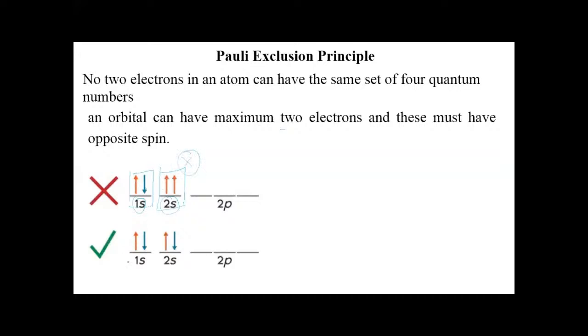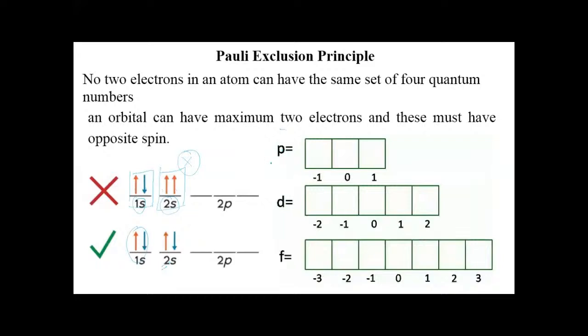Whereas in the second case you can see the electrons have opposite spin in 1s as well as in 2s. Okay, now there are three subshells: p subshell, d subshell, f subshell, which have the following orbitals. So the filling of electrons is like that. An orbital can hold a maximum of 2 electrons that must have opposite spin.